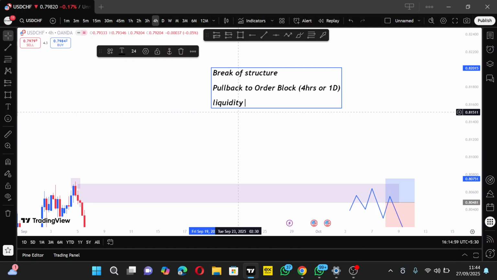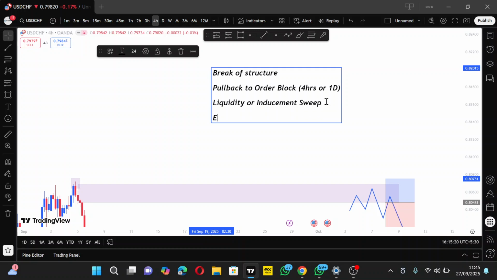Liquidity or inducement sweep. Execute. And swing. 1:3 risk to reward.